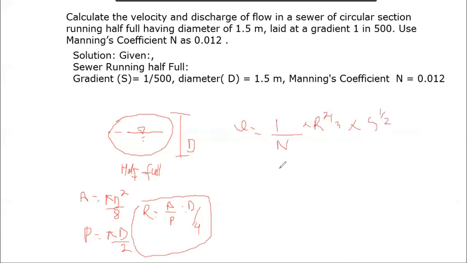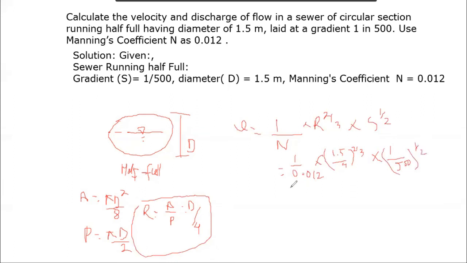So if we substitute the values of 1 by 0.012, and the hydraulic radius d by 4, d is given as 1.5, divided by 4 to the power 2/3, into the gradient 1 by 500, isn't it? So 1 by 500 to the power half.